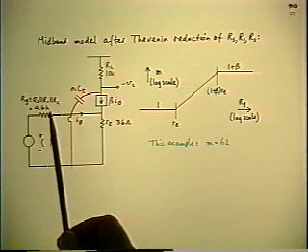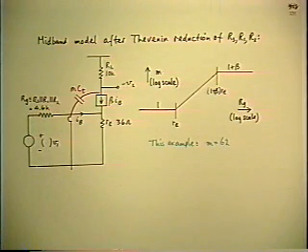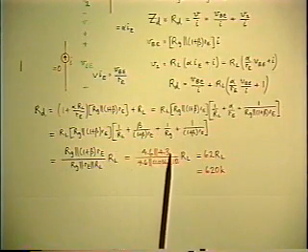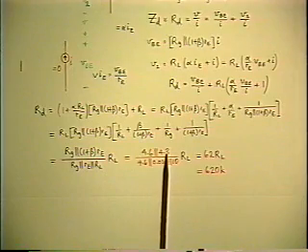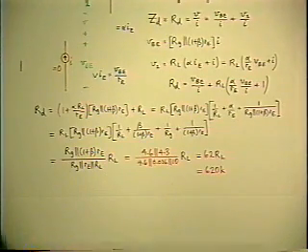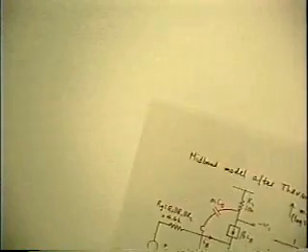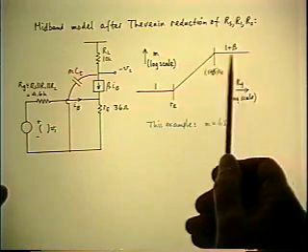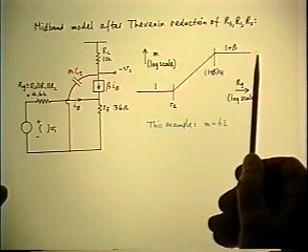In fact, the numbers that we had right here, if I can find the earlier picture, here it is. If you look back at this picture, Rg and (1 plus beta) Re are 4.6K and 4.3K. And beta is 120. So the value of this asymptote is 120.